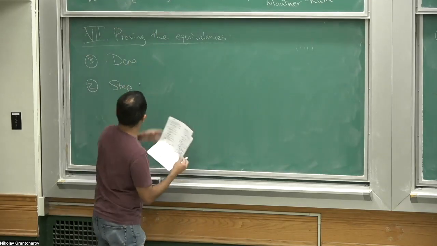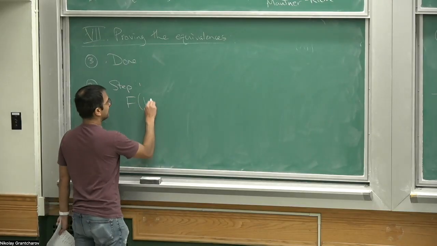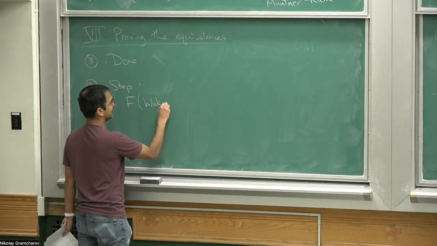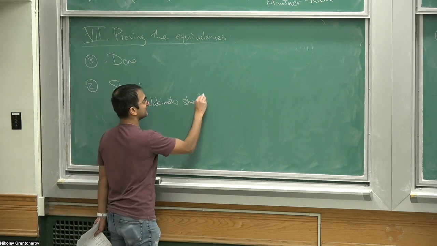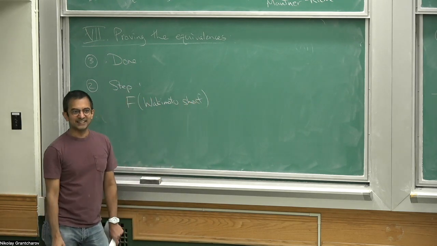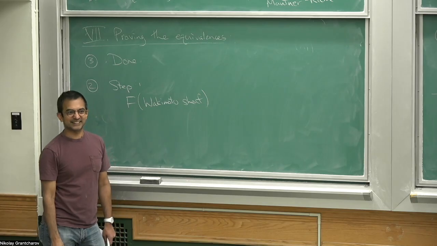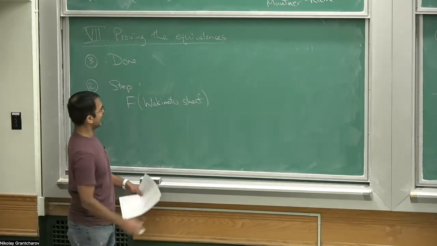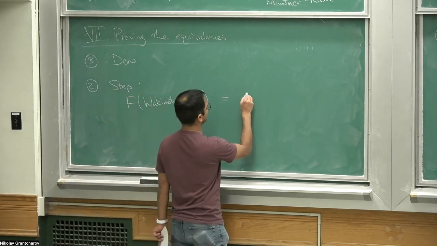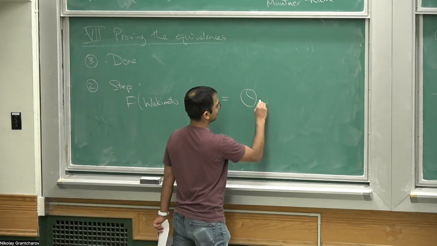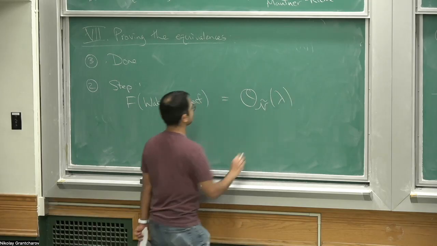Okay, so step 1 is that F of something called a Wakimoto sheaf. I didn't define this, but I guess last week there was a talk that had Wakimoto sheaves in it. So step 1 is to show that F sends a Wakimoto sheaf to a twist of the structure sheaf.